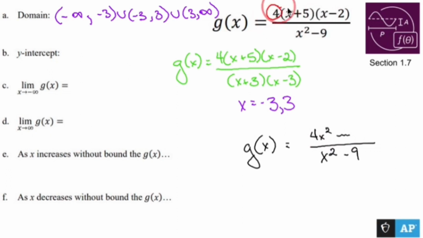So that's 4 times 5 times negative 2. 4 times 5 is 20. 20 times negative 2 is negative 40. So the y-intercept is going to be the constant divided by the constant. Negative 40 divided by negative 9 is just going to be 40 over 9.